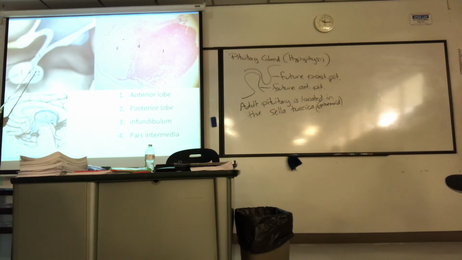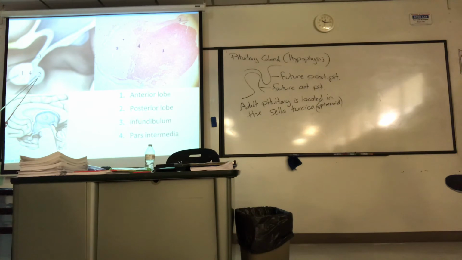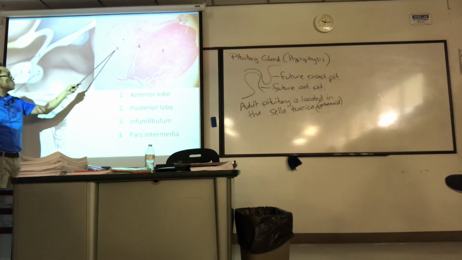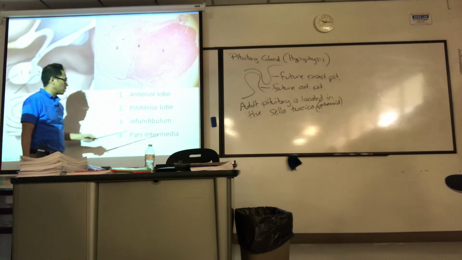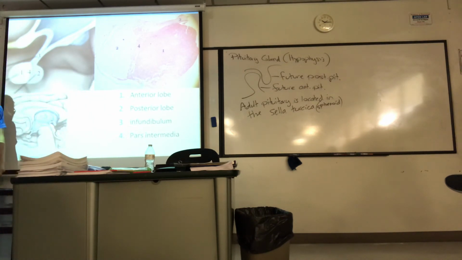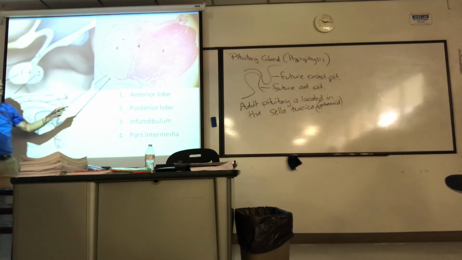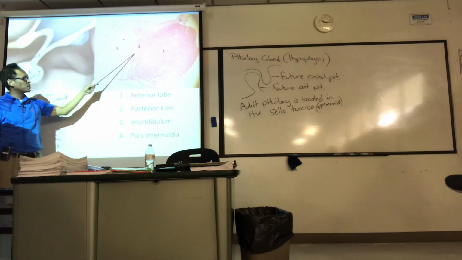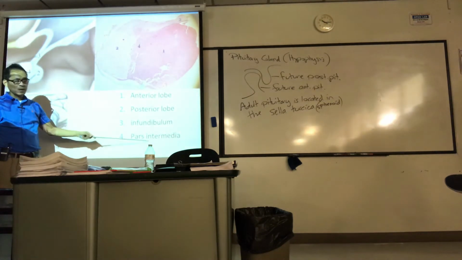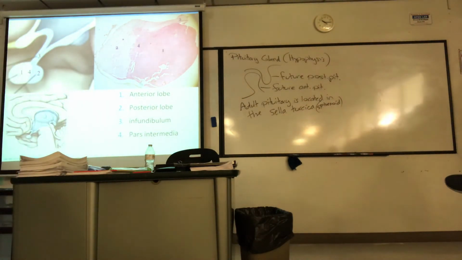That's the part that extends from the brain. So you can see how number 2 extends up to the brain. Number 3 is the infundibulum or connecting stalk. There's a little region here in the form. Typically it has an intermediate stain, not in this picture, but the part in between 1 and 2 is pars intermedia. So let's turn the lights back on and write all those terms out.